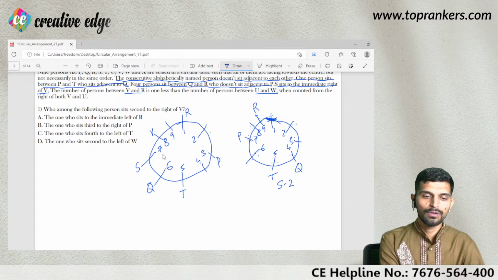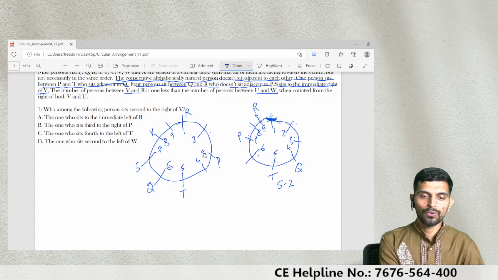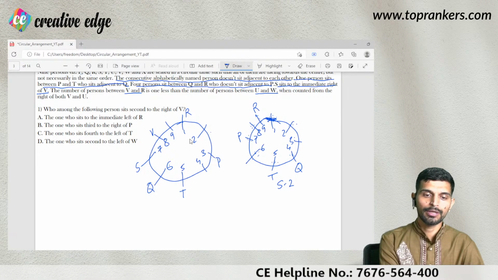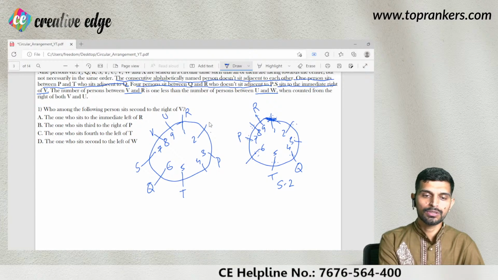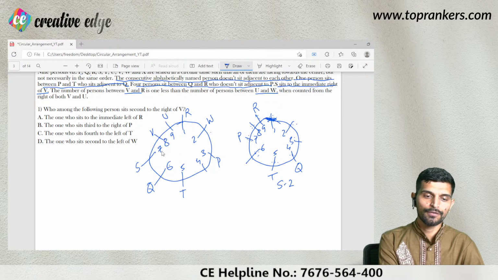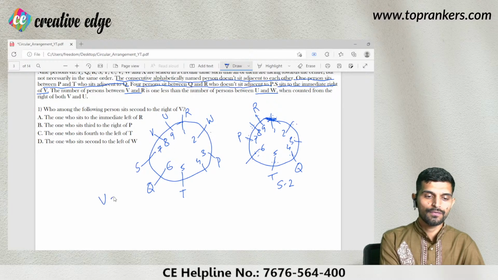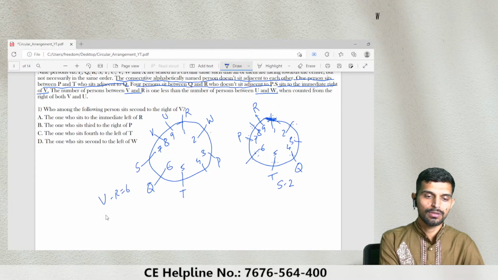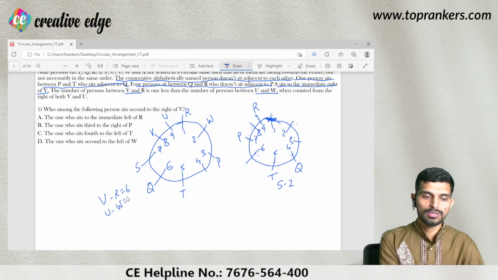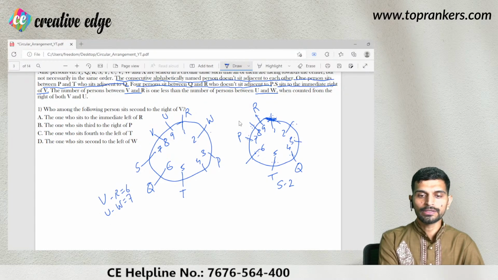Now I have 1, 2, 3, 4, 5, 6 people in between V and R. And if I place U here and W here, I'll have 1, 2, 3, 4, 5, 6, 7. Right. So that is V and R 6, U and W 7. Right. So that is happening here.